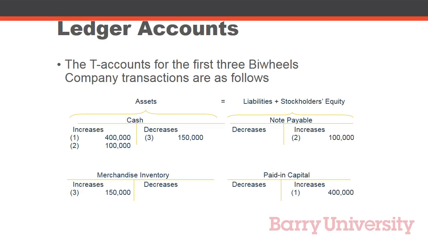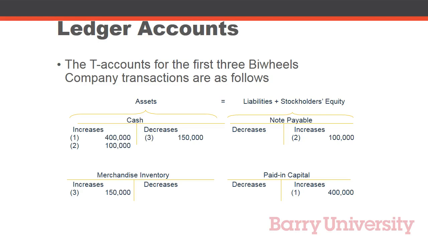In the third transaction, we increased and reduced an asset account by the same amount. In this case, we increased the asset merchandise inventory by $150,000 with a debit, and we reduced the cash T account by $150,000 with a credit.